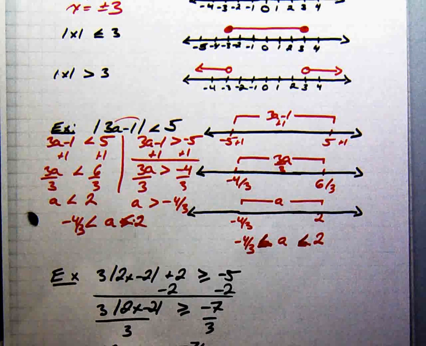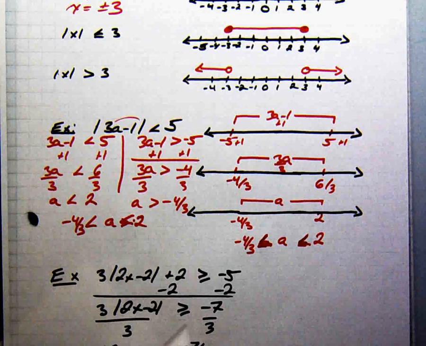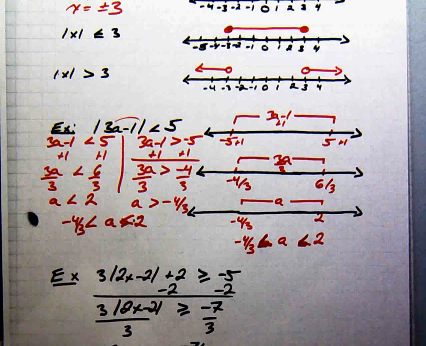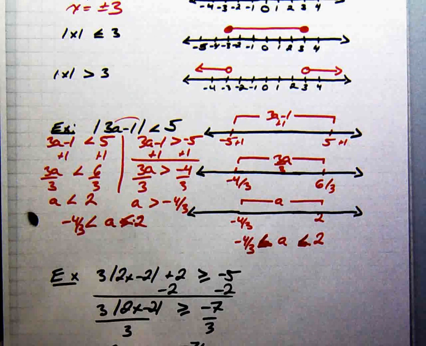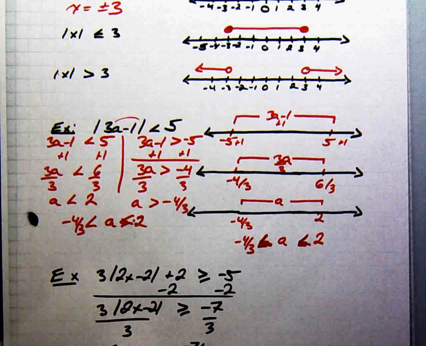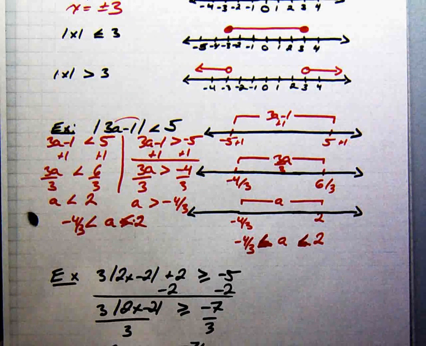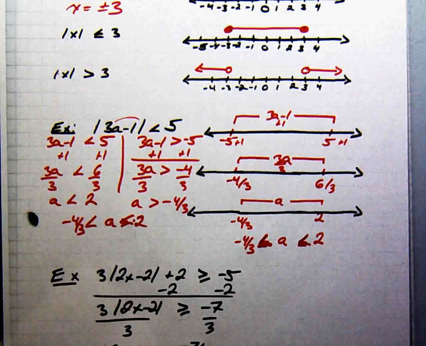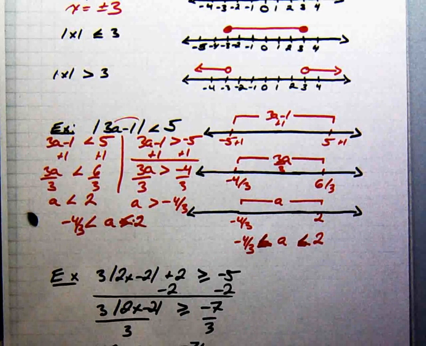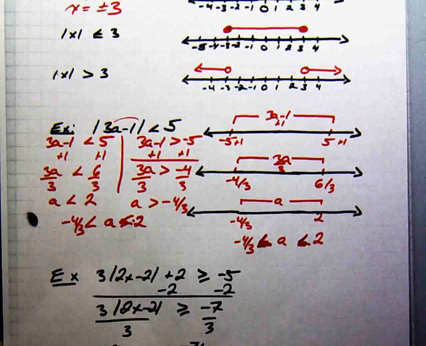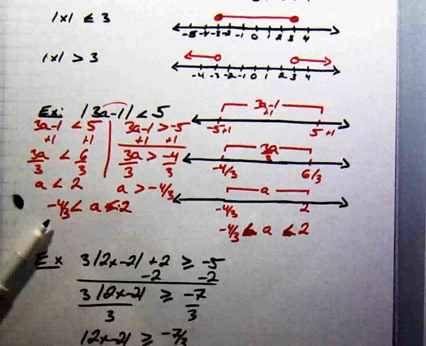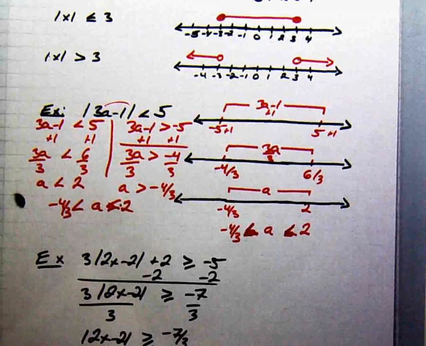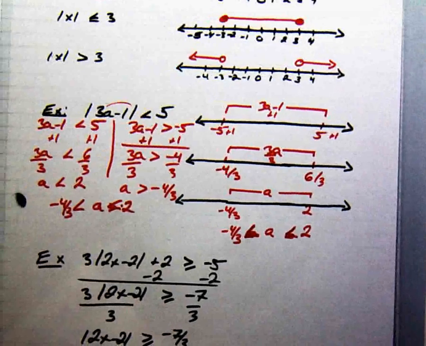Remember, absolute value is a distance, and we're talking about a distance from 0. Every number on the real number line has a distance away from 0 that's greater than or equal to 0. So any number in these bars will work. So this solution is all real numbers. Don't have to do any more, because distances are always bigger than 0 or 0 themselves.